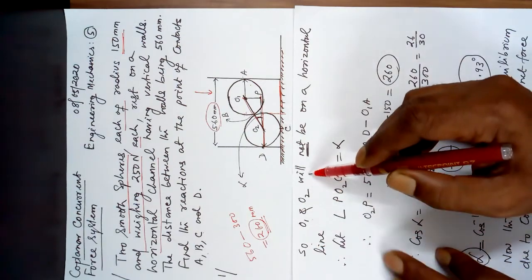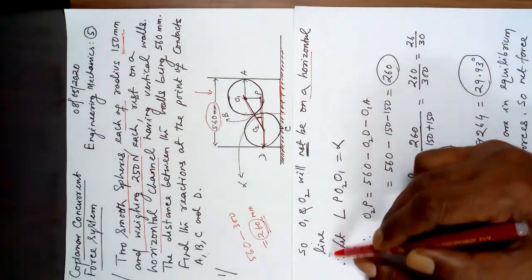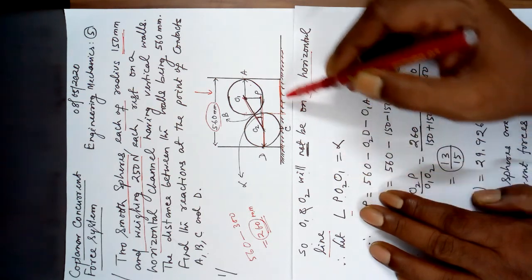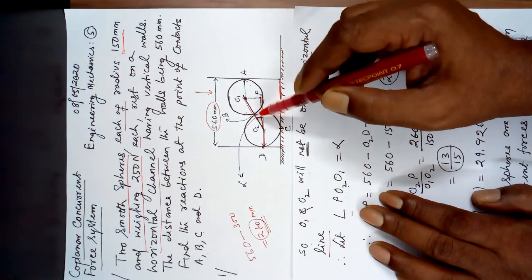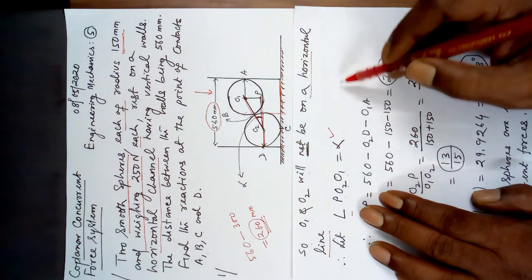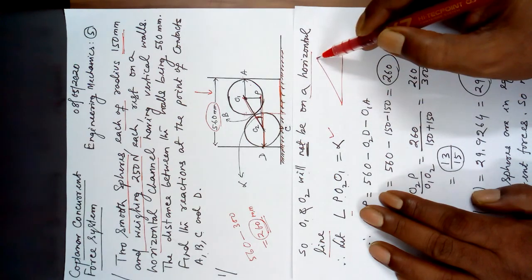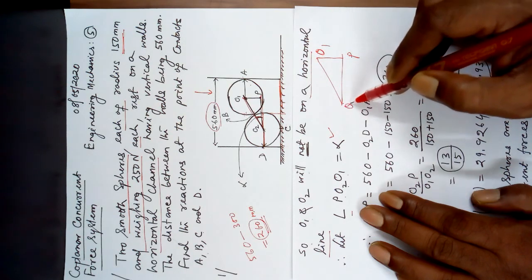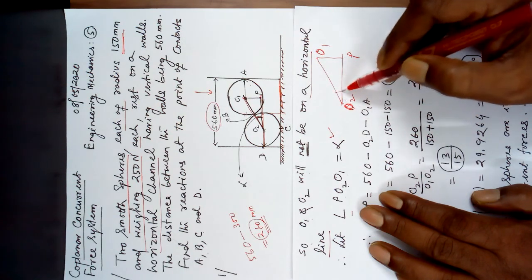Since O1O2 will not be in a horizontal line, let angle PO2O1 be alpha, and angle PO1O2 is alpha.